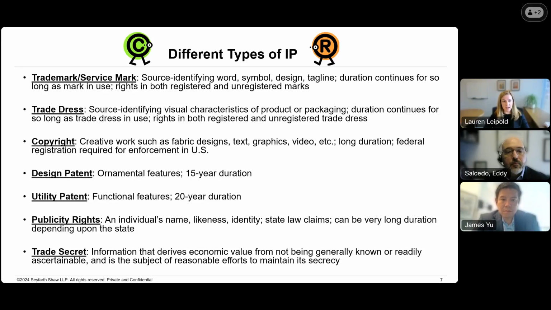Publicity rights, I mention just so that it's on your radar. This isn't the type of IP that's traditionally going to be in your corporate IP portfolio, but I'm quite sure you've heard of NCAA NIL deals and the like. If your company deals with celebrity endorsements, you know about this and you know that these things require a license.